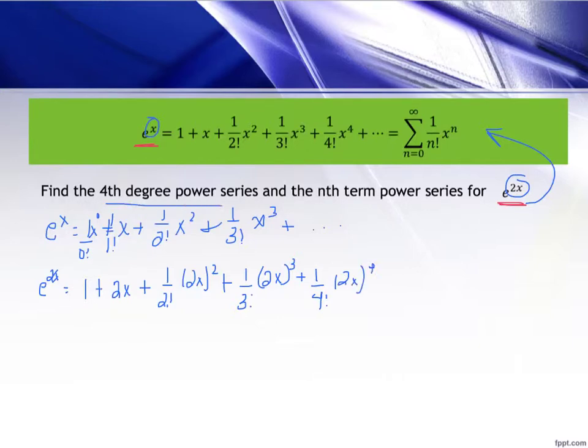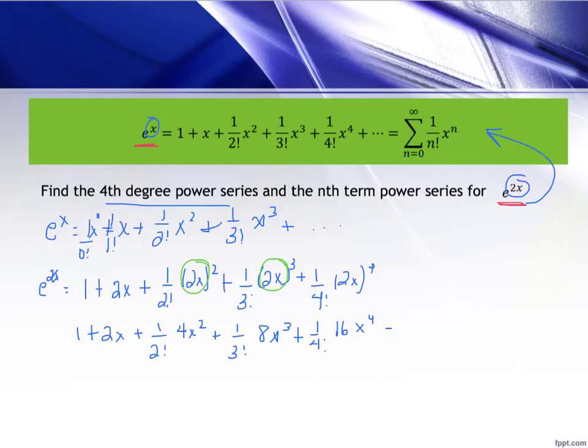Since we're looking for the fourth degree power series, that's all we need to do for the first part of this. So that's going to be 1 plus 2x plus 1 over 2 factorial 4x squared plus 1 over 3 factorial 8x cubed, and all I'm doing here is just going ahead and expanding 2x and squaring everything and taking 2x and cubing everything, and then 1 over 4 factorial 16x to the fourth.